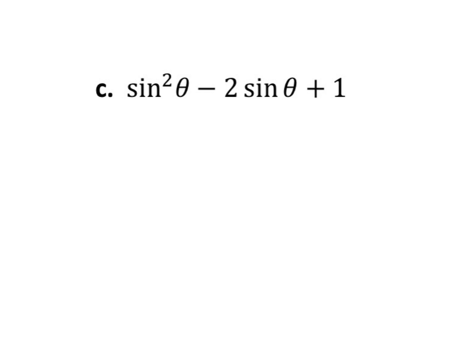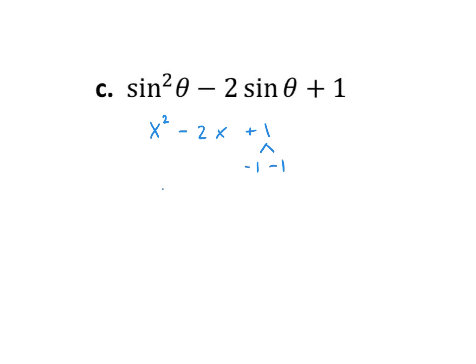I can't factor out a sine because there's not a sine in everything, but I can factor it. So if we change this to be x's, it would be something like x squared minus 2x plus 1. And from here, I could factor. It's the same thing as this, but instead of x's, it has sines. Do I have two factors of 1 that add to negative 2?